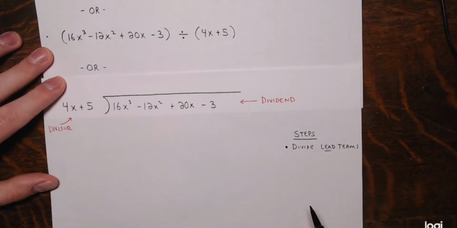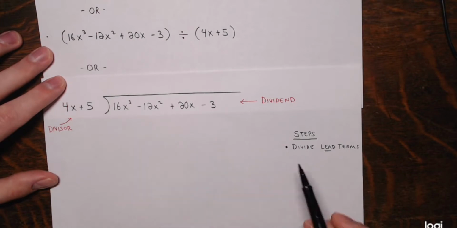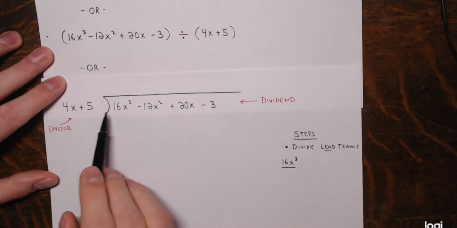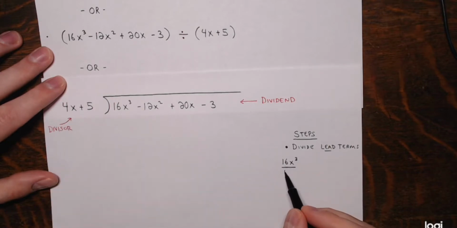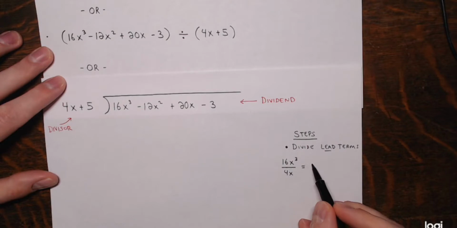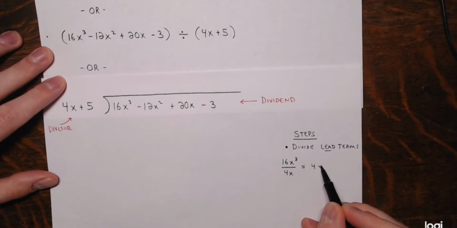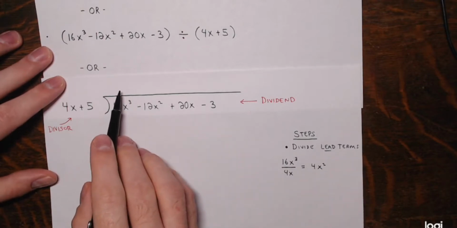Okay. So the dividend's lead term is 16x cubed. And we're going to divide this by the divisor's leading term, which is 4x. And then you do some cancellation here. 16 divided by 4 is 4. X cubed divided by x to the first would be x squared. This goes in the area up top where the quotient is going to be.